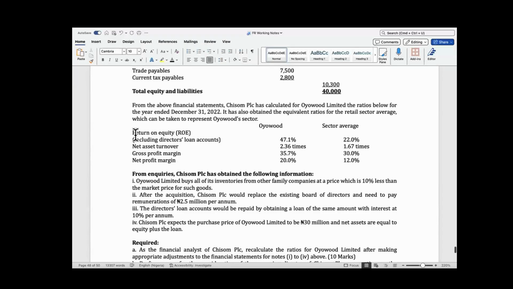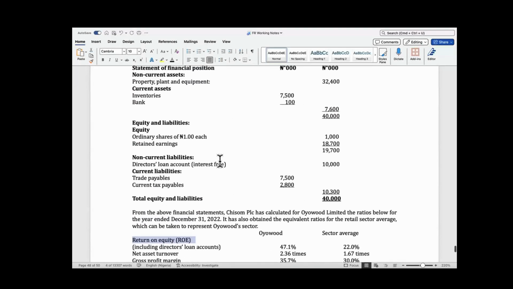Now let me recalculate the returns on equity.